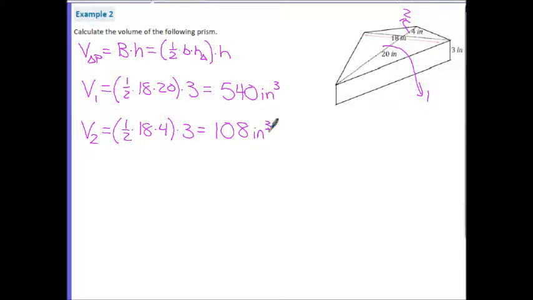And so the volume of the whole figure is just going to be the sum of those two. So 540 plus 108 gives us a grand total of 648 cubic inches. So in this one, we chose to break our prism down into two different prisms.